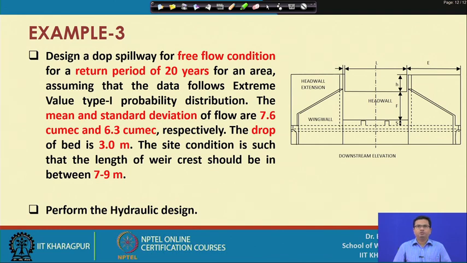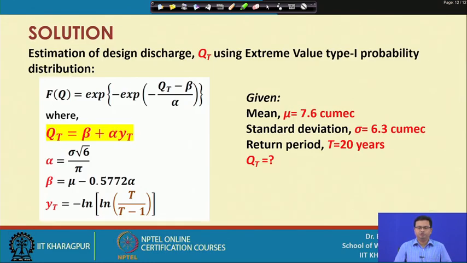So, my first attempt will be to decide what is your design Q value, which is having 20 years return period. For that I have to use the Gumbel probability distribution, and for that I have to use the mean and standard deviation values given as 7.6 and 6.3 cumec.